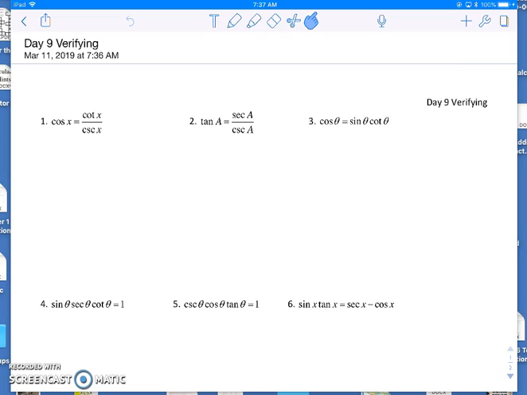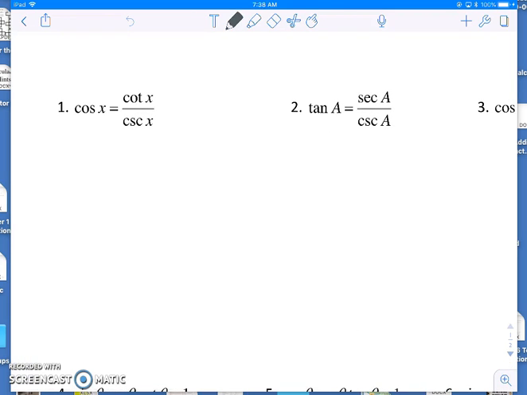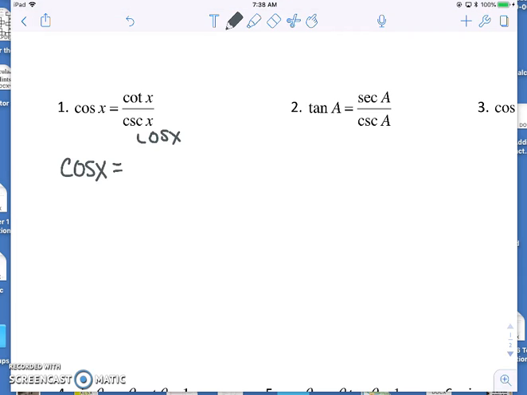Verifying homework. The first thing we talked about in our notes is rewriting everything in terms of sine and cosine. So we have the cosine of x equals cotangent. Cotangent is the cosine of x over the sine of x, divided by cosecant, 1 over the sine of x.